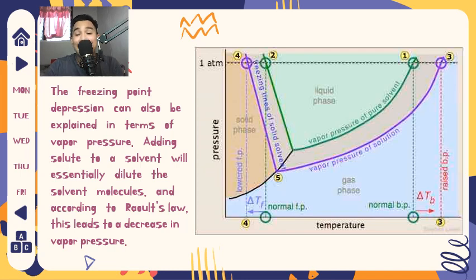Notice that at 1 atmosphere pressure, the freezing point has been lowered. That is represented by numbers 2 and 4 in the illustration.